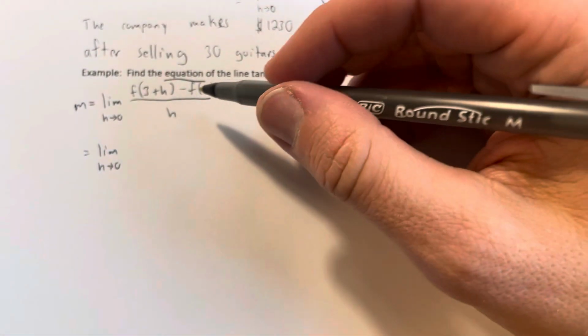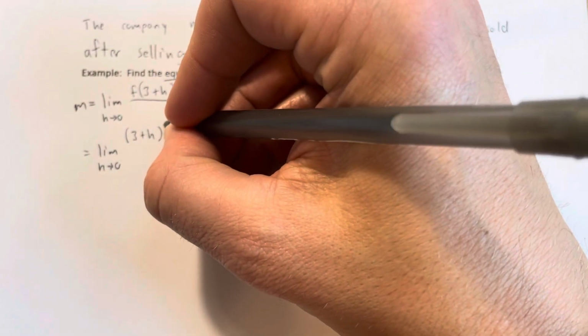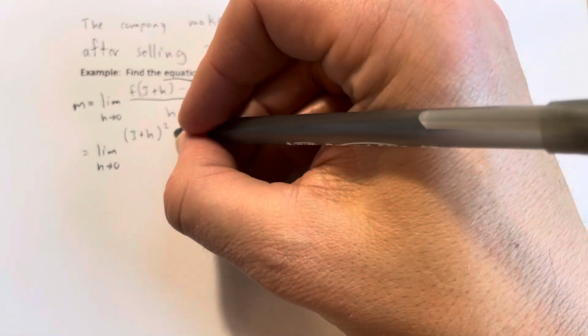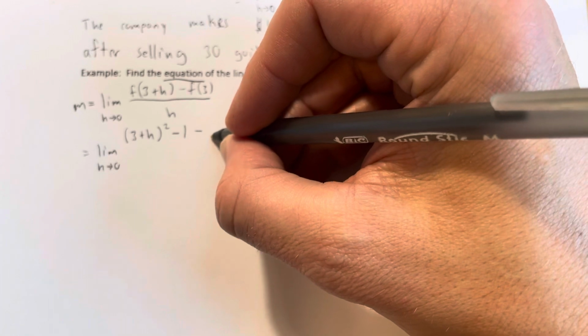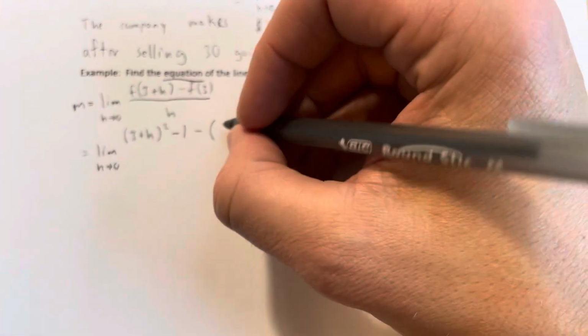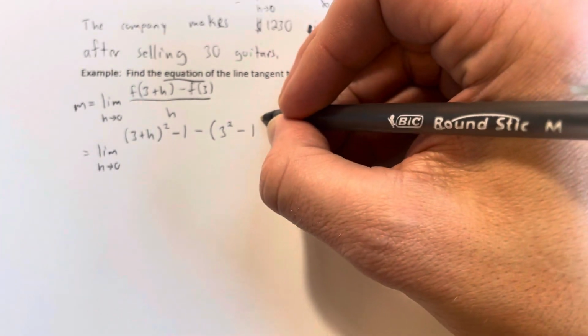Okay, so I plug 3 plus h in for the x here. That's going to look like (3 plus h) squared minus 1 minus f of 3. Now I plug a 3 in there. Remember, parentheses. 3 squared minus 1.